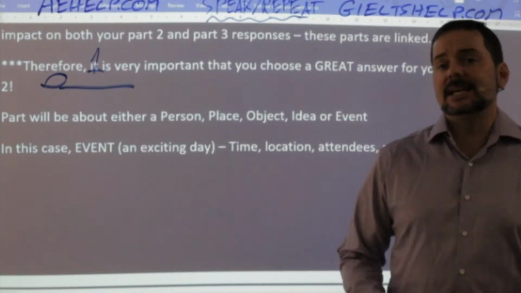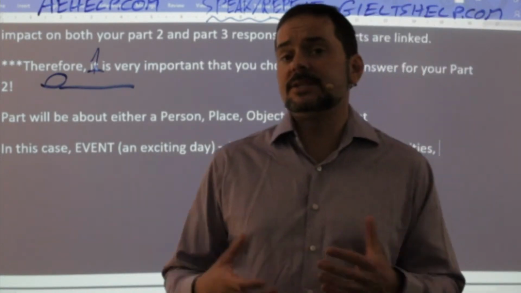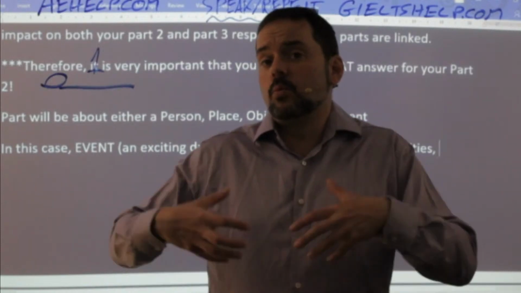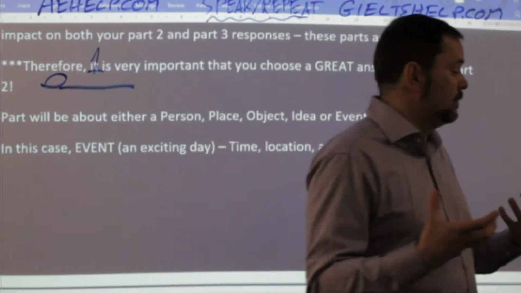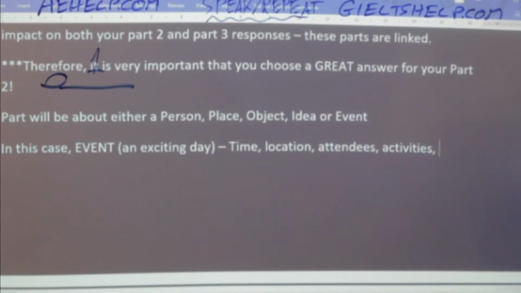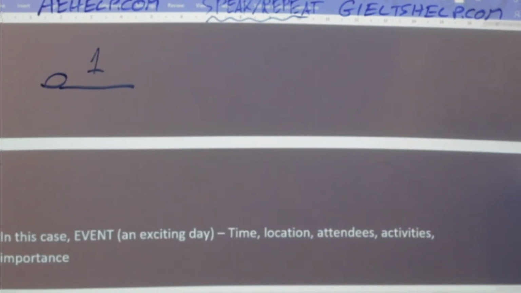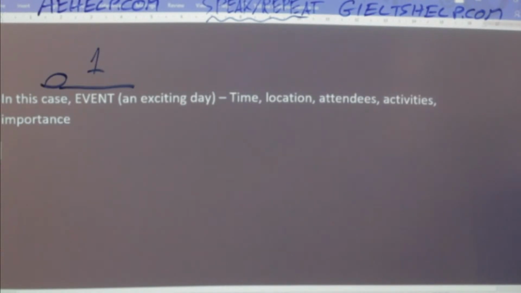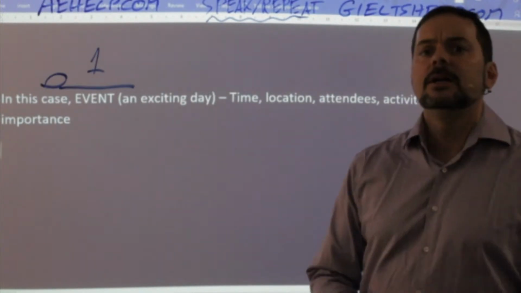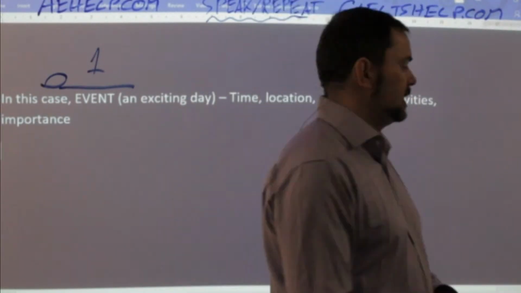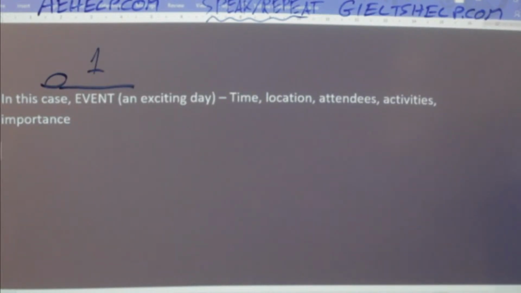And lastly, but not least, is the importance. So what did this event mean? Why was it memorable? So importance. Now, of course, you do want to identify the tense, and I can't remember, it was Saga who says identify the tenses that you need to use as well.